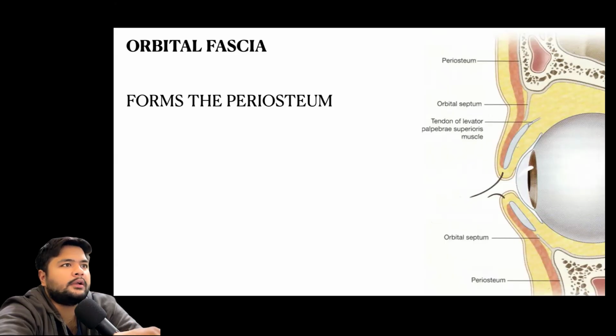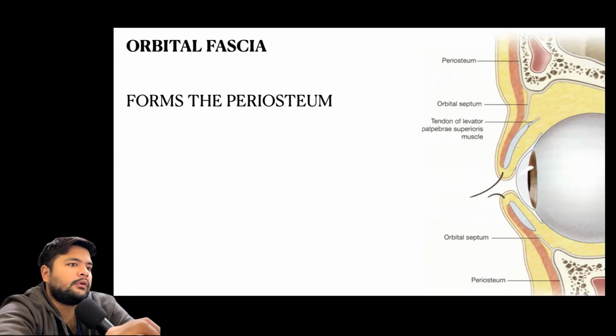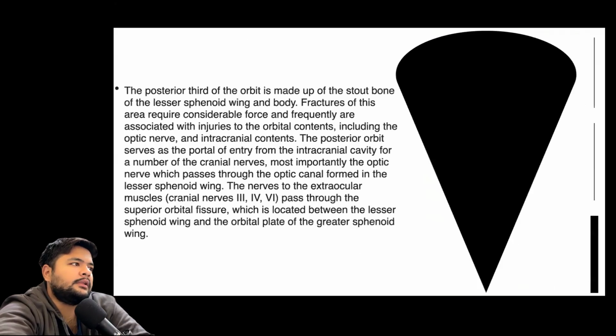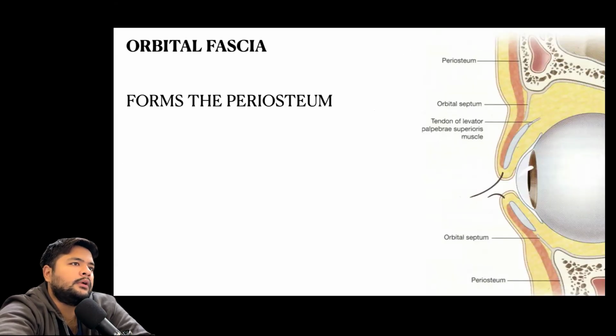Both are the walls of the orbit. I am talking about the anterior third component of the globe. Then the periosteum continues as an orbital septum. The orbital septum lies in close proximity with the tendon of the levator palpebrae superioris muscle.